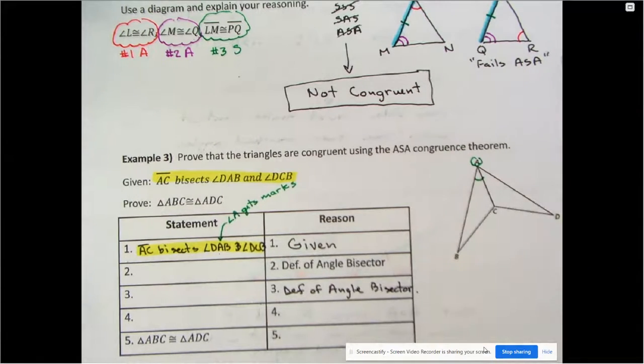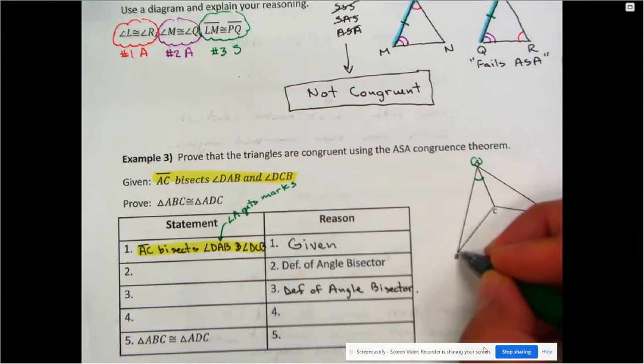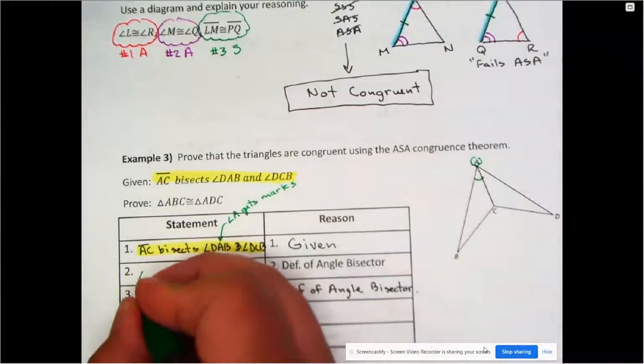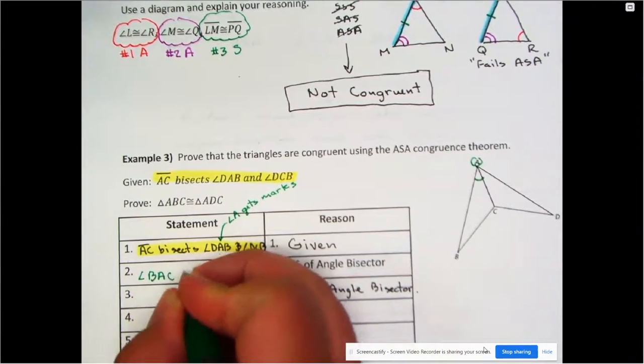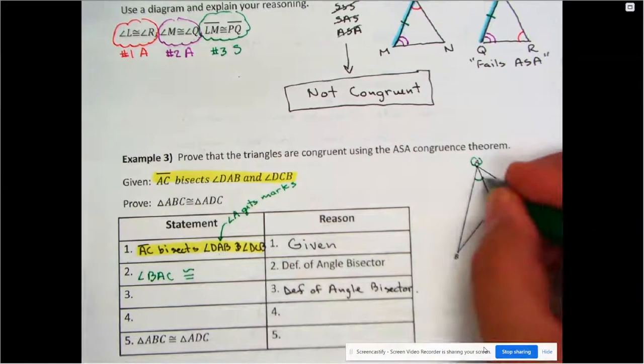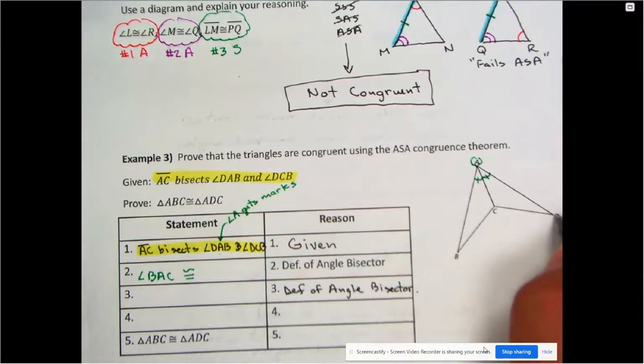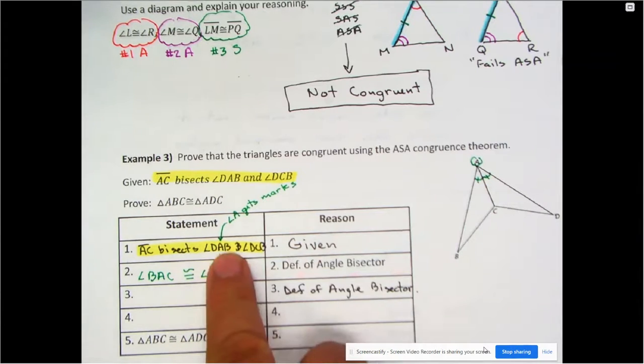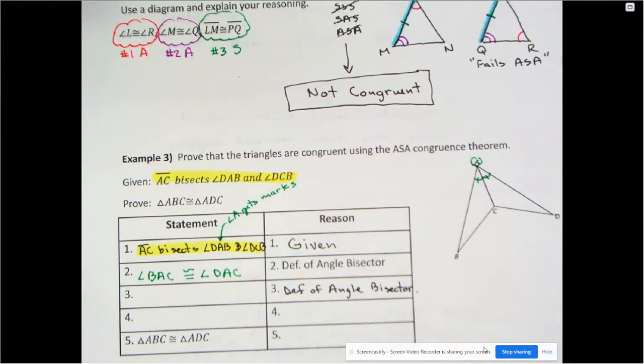But before I mark the next one, I'm going to write this one. B, A has to be the middle, and then C. So angle BAC is congruent, but now I get to mark the other one right next to it. So you see they're equal to each other. This one is D, A has to be the middle, and then C. So angle DAC. But you see that took care of this first one with the A in the middle. So that's where everything had to happen.